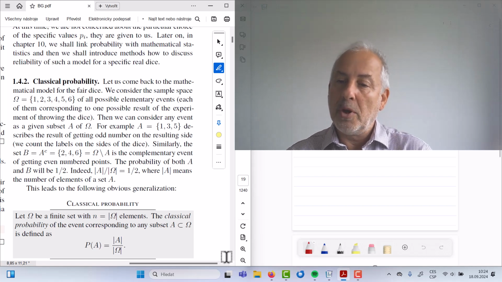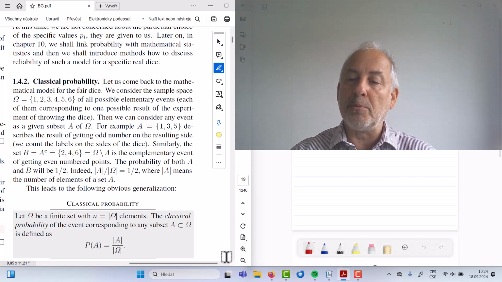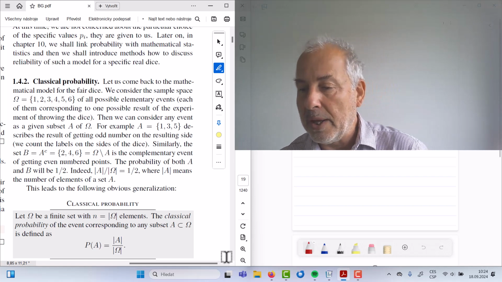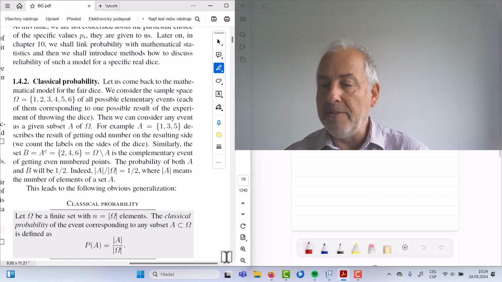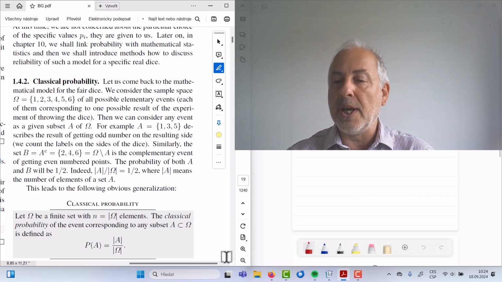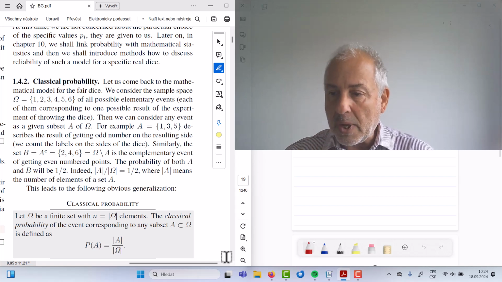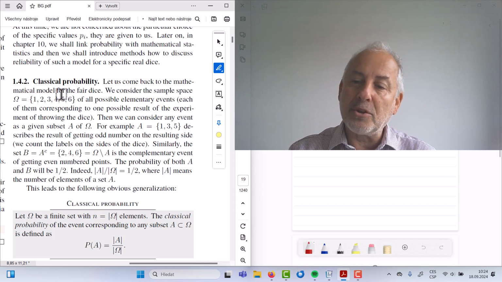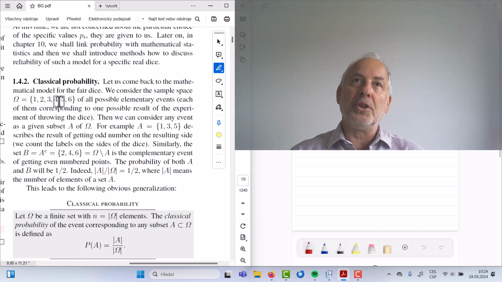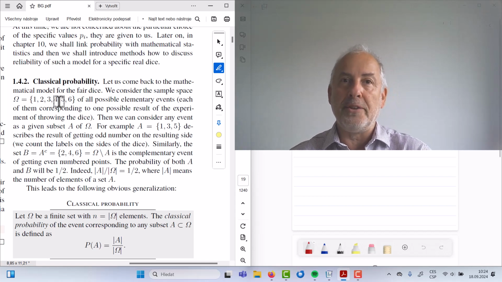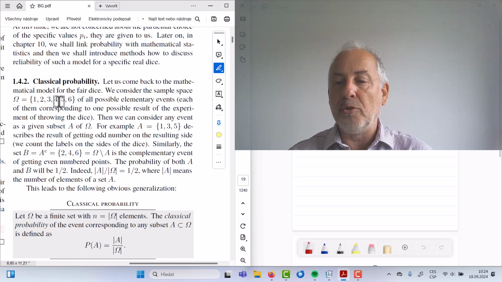And then the easiest way to create such a model is that you will have a space of all the individual possible values. So those are the elementary events. And then each subset of this could be considered as a possible result. So if we say there should be an odd number, that would mean that we are considering the subset of 2, 4, and 6, right?